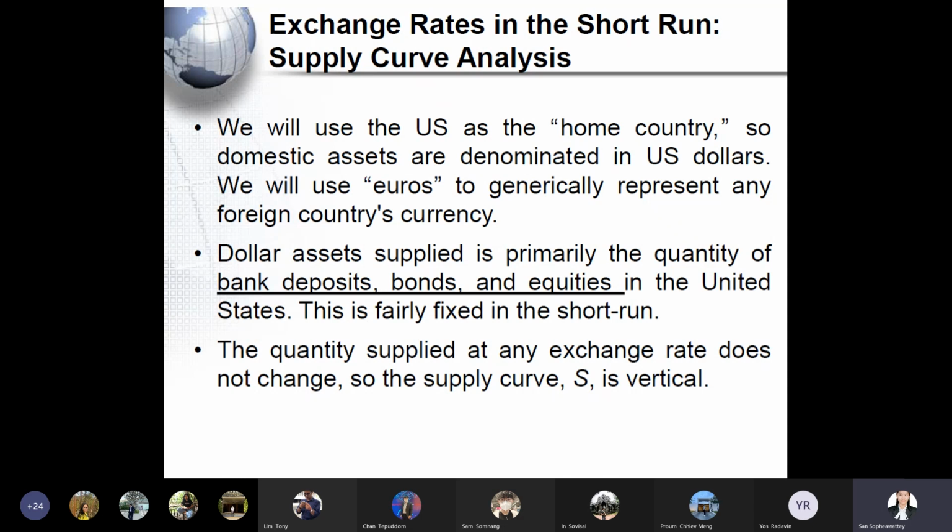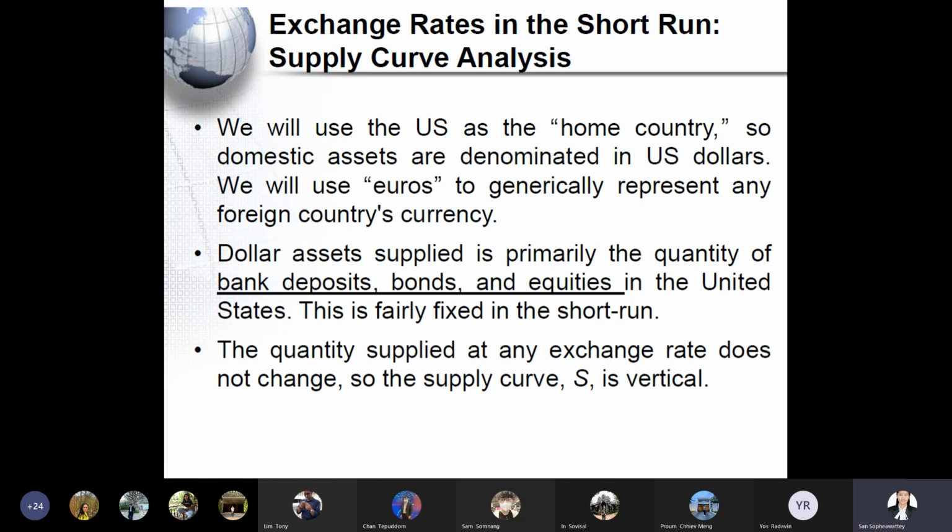If you study macroeconomics, or you study IE405 and discuss the change in one variable to another variable, the first important thing you need to do is state the assumptions. So we assume that the US is the home country, the domestic assets are denominated in US dollars, and we will use euros to represent foreign currencies.